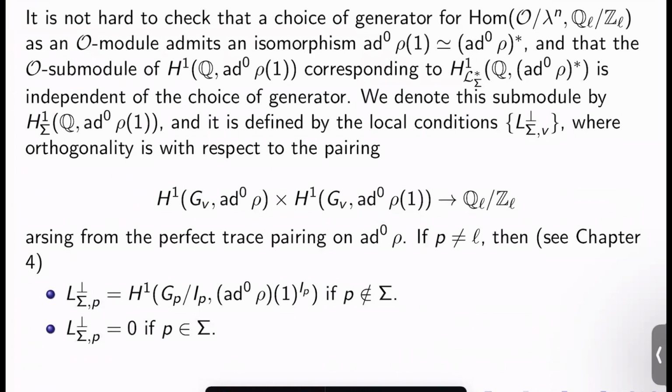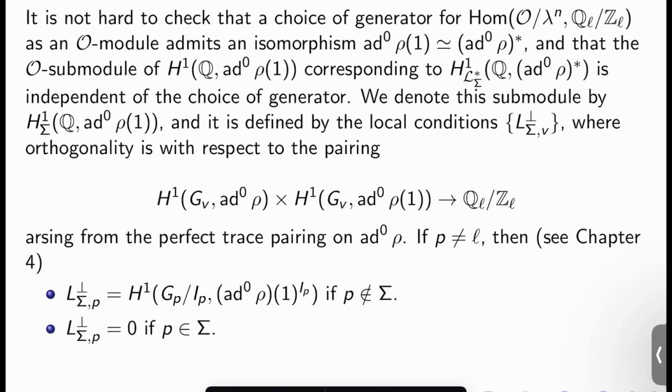And this pairing arises from the perfect trace pairing that we have on add 0 rho. More explicitly, if P isn't L, we talked about this back in chapter 4 also, what explicitly are these subgroups? L perp sigma P, if P isn't in sigma, is just unramified classes. And then L perp sigma P is just trivial if P is in sigma.